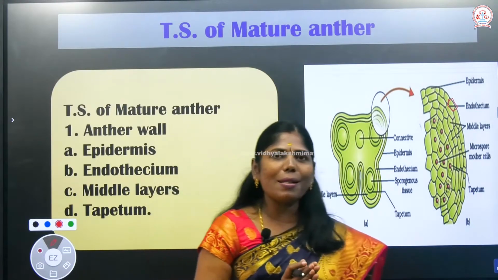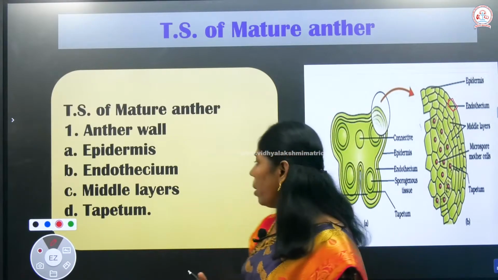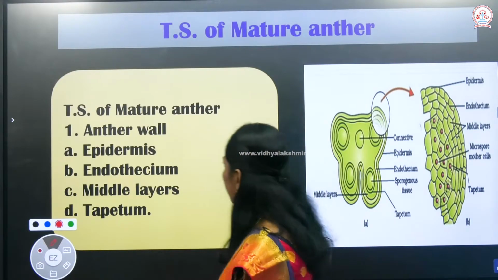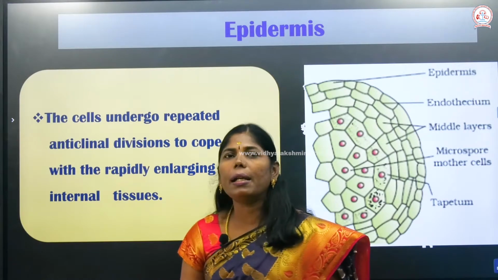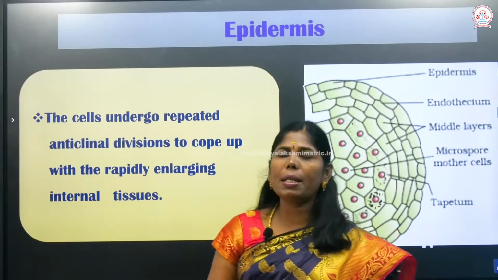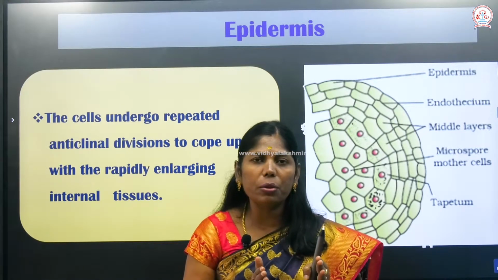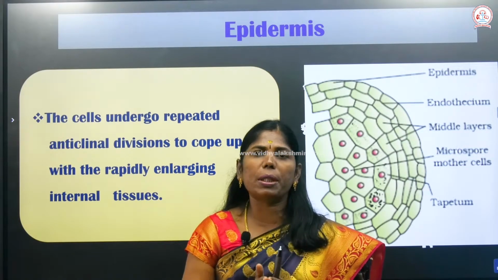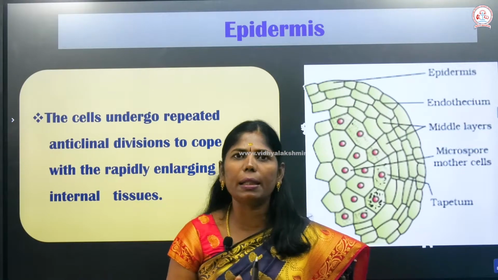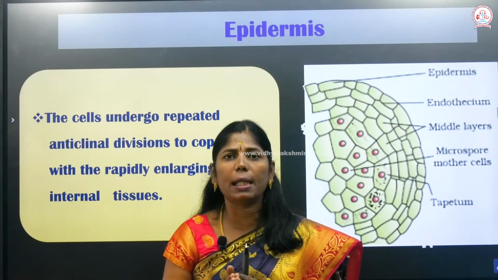The epidermis undergoes divisions. What type of division occurs in the epidermis? It consists of anticlinal divisions. Anticlinal division means the division is not parallel to the cells, but perpendicular to the cells. That is known as anticlinal division.